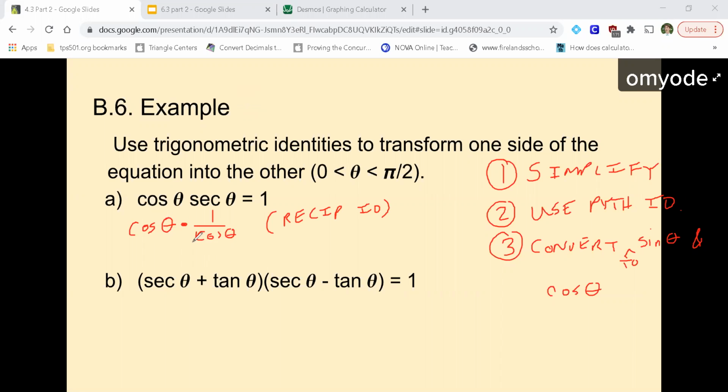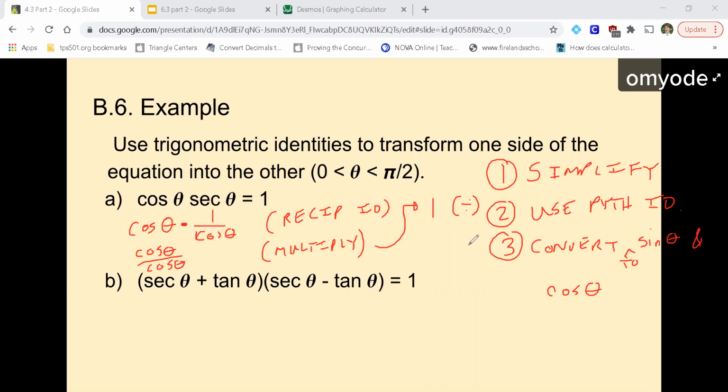And then once you have it like this, you can see that that is the same thing as cosine over cosine. That's multiplying. And cosine divided by cosine, anything divided by itself is 1. And that's division.